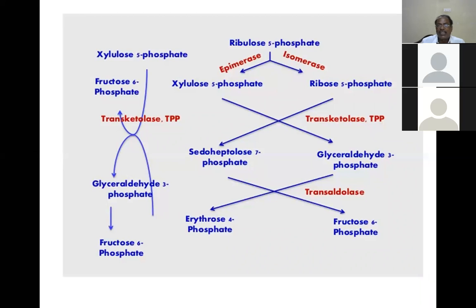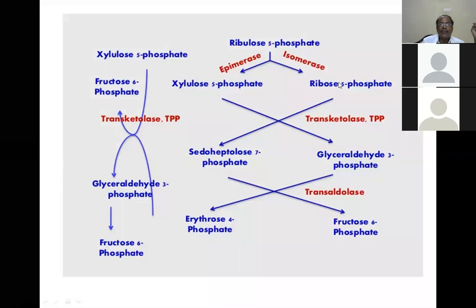The first, thiamine, B1. So thiamine pyrophosphate is a coenzyme in transketolase, and also in other important enzymes: pyruvate dehydrogenase, alpha ketoglutarate dehydrogenase, and branched chain keto acid dehydrogenase. In these 4 enzymes, thiamine pyrophosphate is a coenzyme. But the enzyme which participates in the HMP pathway is transketolase.